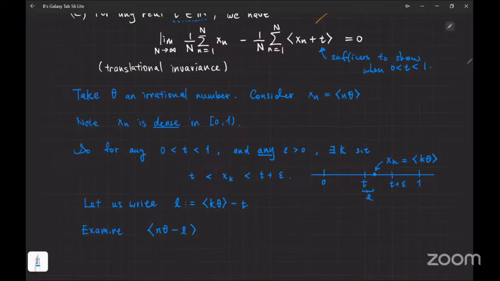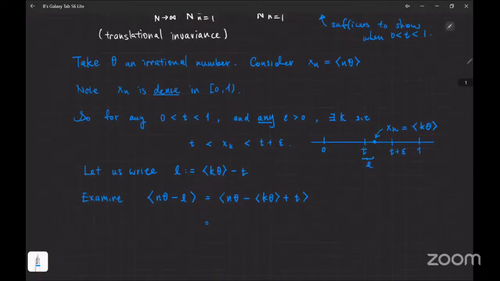Well, what can we say about this? Well, this is equal to the fractional part of n theta minus the fractional part of k theta plus t, which inside the fractional part, we can just remove the fractional part.